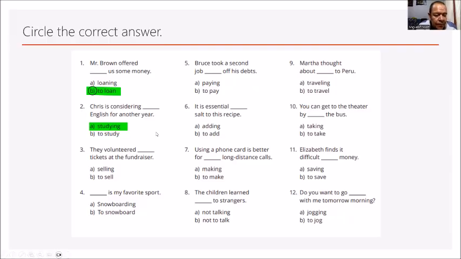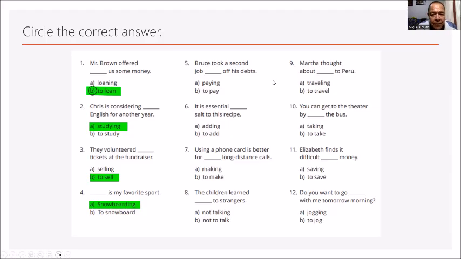Number 3. They volunteered to sell tickets at the fundraiser. Number 4. Snowboarding is my favorite sport.